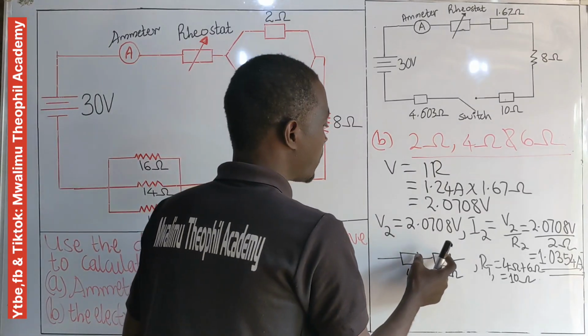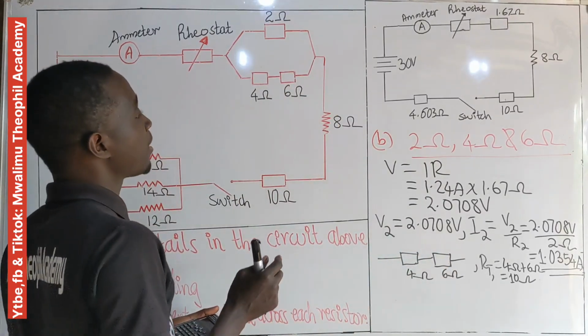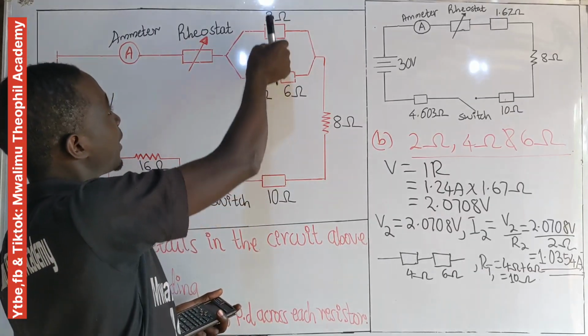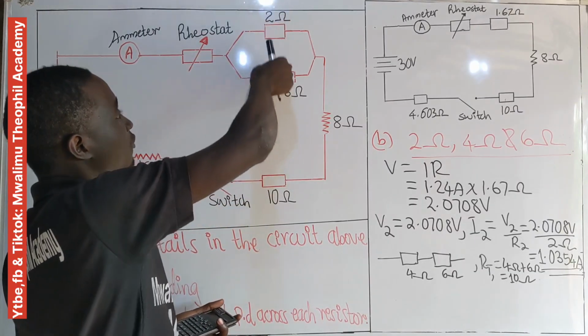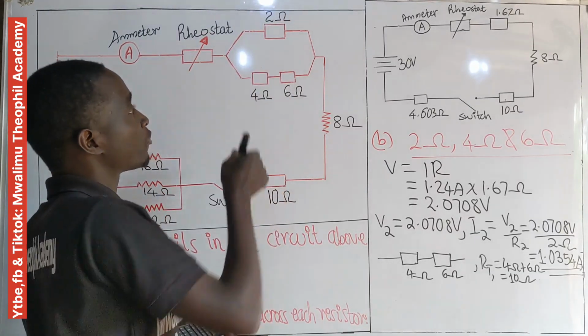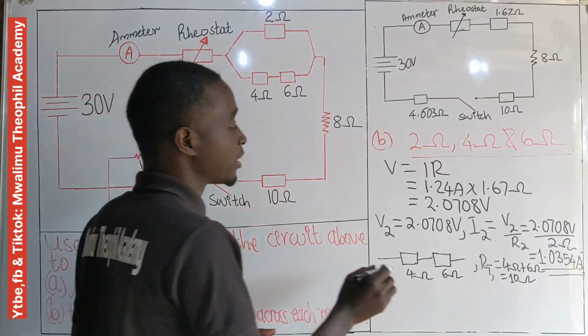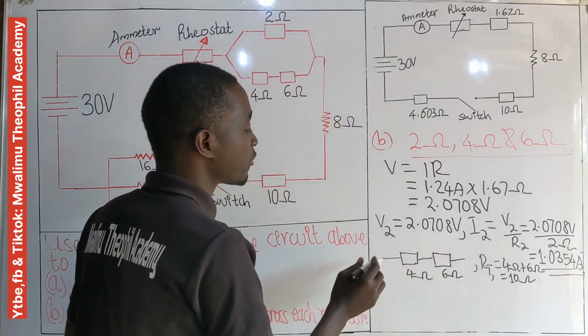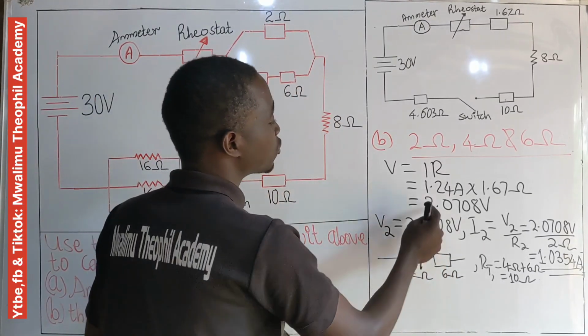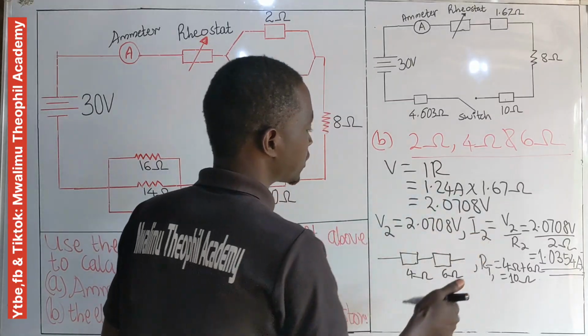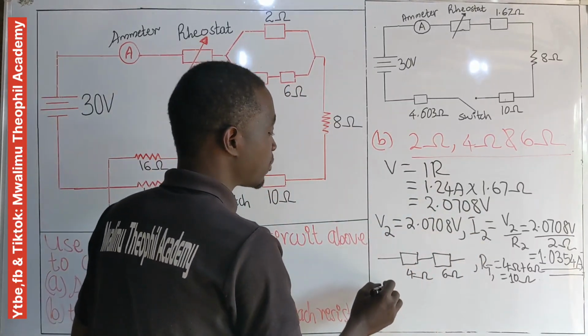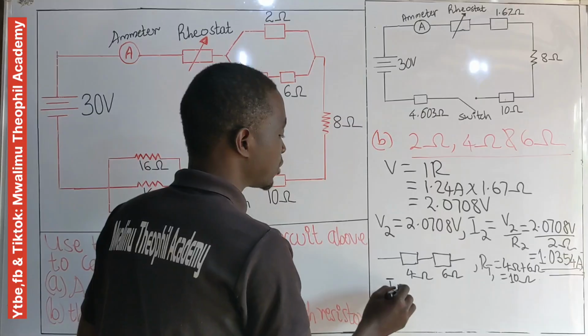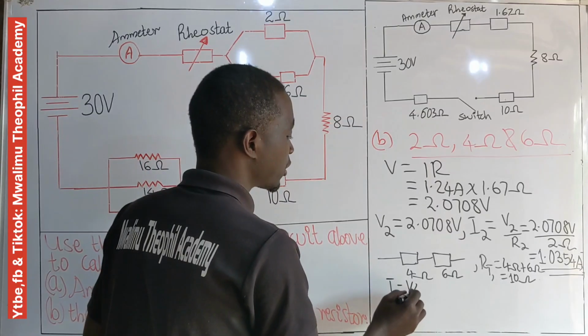But after combining this to be a single resistor, it became in parallel with this one. So the potential difference across each of the parallel resistors is the same. It means that for these two, the potential difference across them is 2.0708. Now what about their total current? We say that current is equal to voltage divided by resistance.